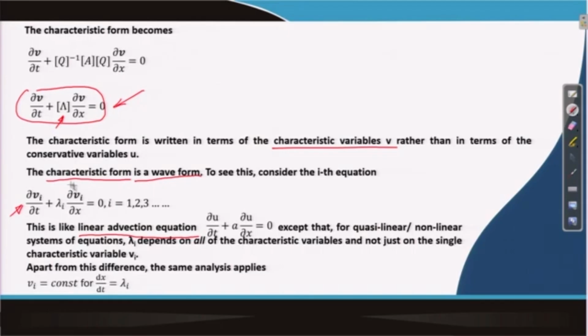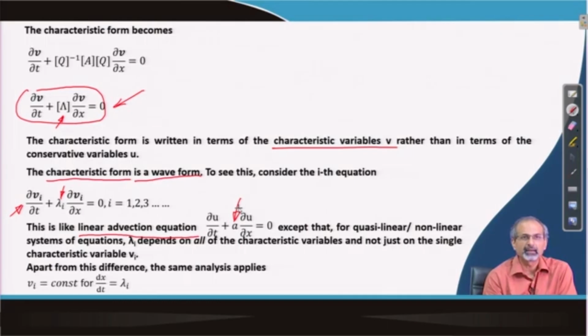You have a certain speed lambda which is playing an analogous role to A in the linear advection equation, and different components can have different contributions.